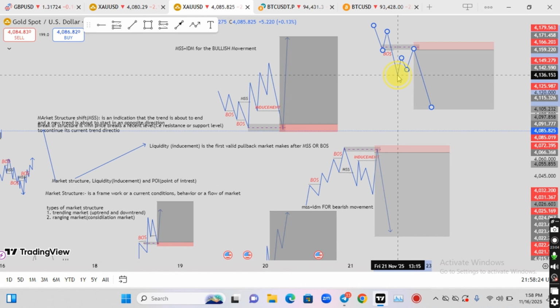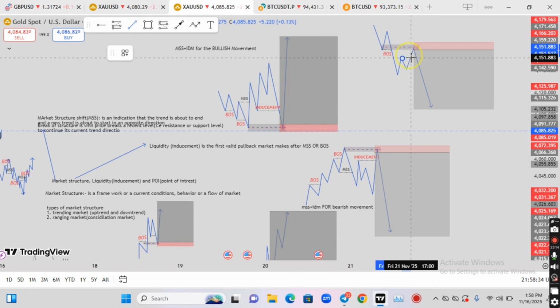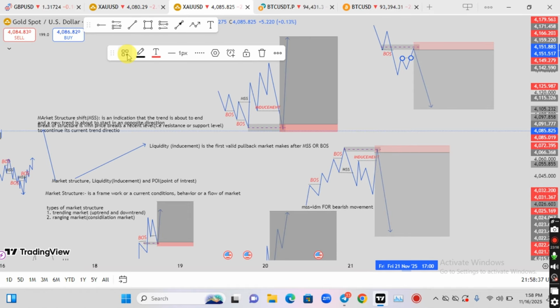If I say where would be my first pullback, here was the first pullback that the market did. It did the first pullback here, so I'll label here as my IDM, inducement. Let me label IDM, inducement.